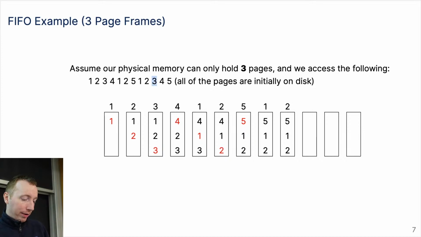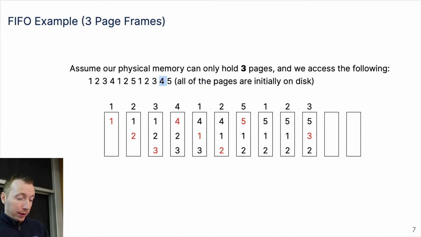Now we have an access to 3. So what's getting kicked out? 1. Between all the pages that are currently in there, 1 was the latest one to go in, so it is out. So we replace 1 with a 3. So we have 5, 3, 2. Then we have an access to page 4, which is also bad.